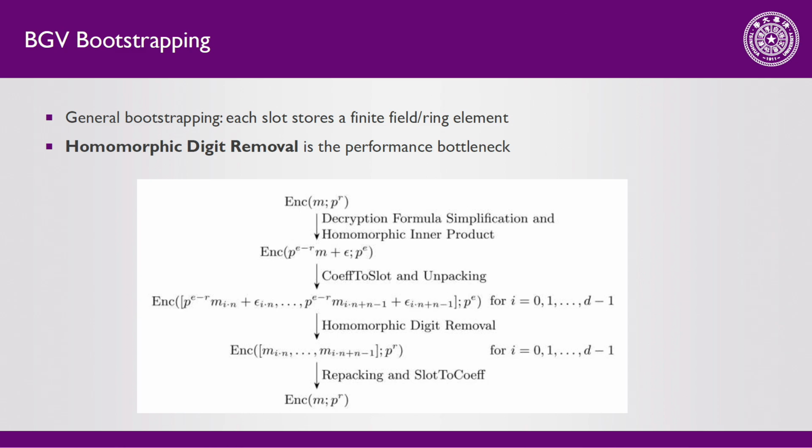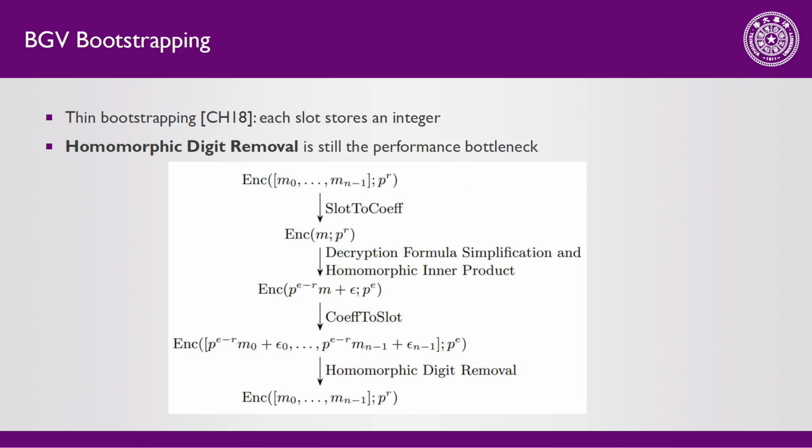After that, we use homomorphic digit removal to remove the noise part epsilon and to recover the message coefficients m_i. Finally, we move m_i from the slots to coefficients with another linear transformation. And the performance bottleneck here is the homomorphic digit removal.